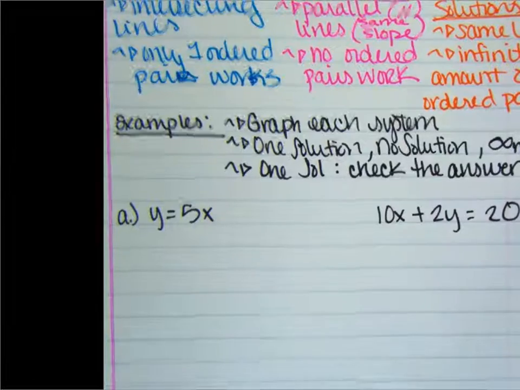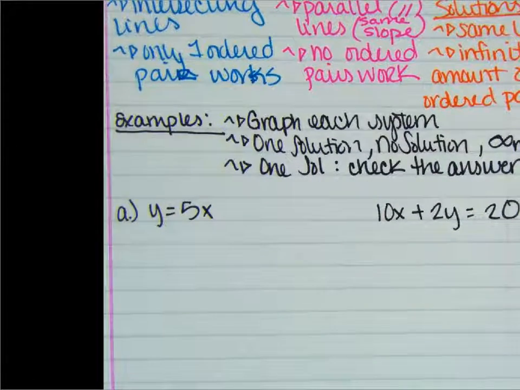We have y equals 5x, and then we have 10x plus 2y equals 20.